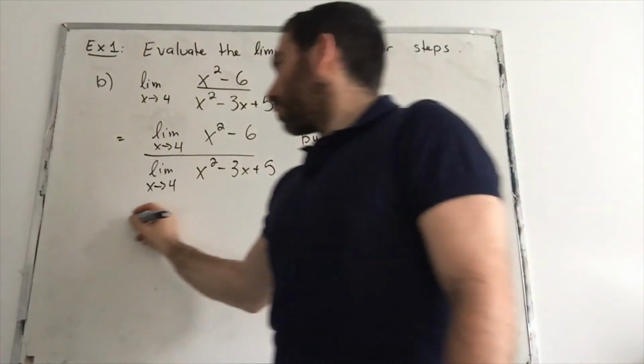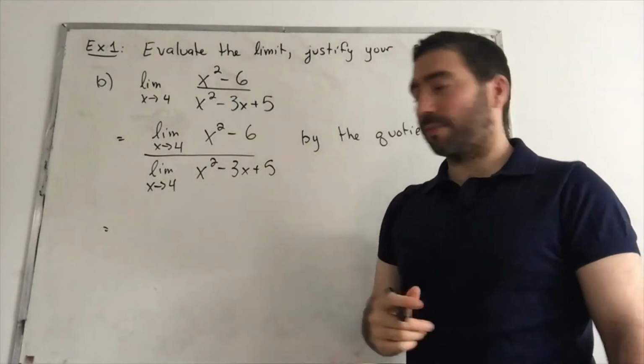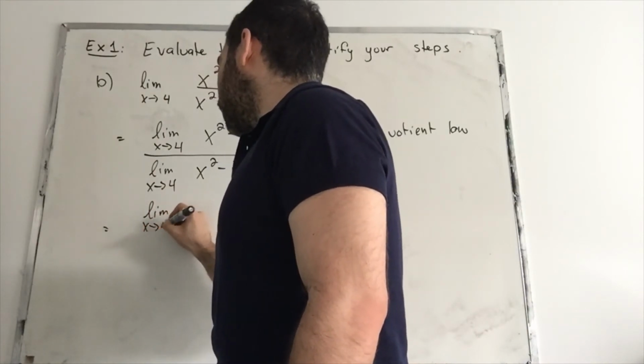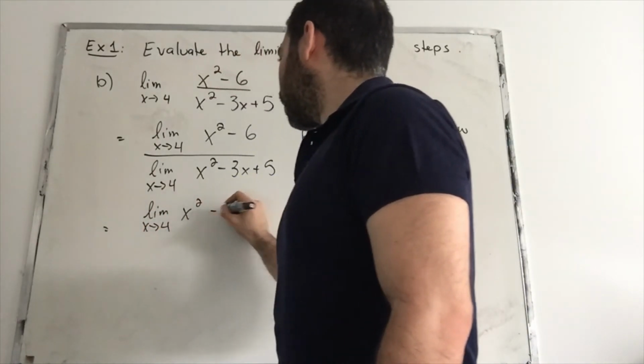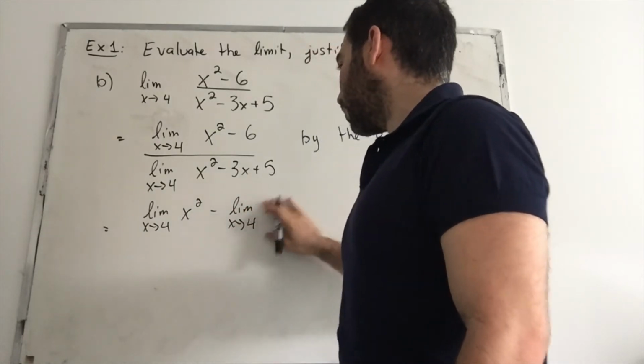Next, we're going to take the limit of each term individually using the sum and difference property. So we're taking the limit as x approaches 4 of x squared minus the limit as x approaches 4 of 6.